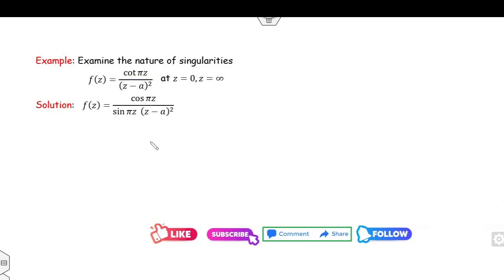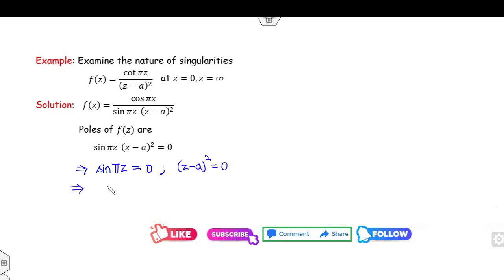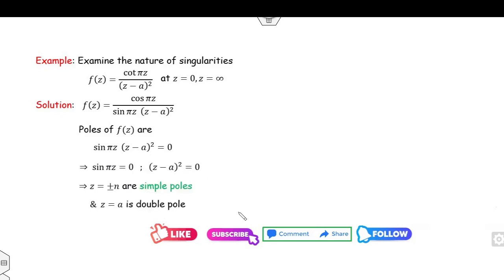And then because the denominator is not 1, I can find the poles of the function. The pole of the function is where the denominator is 0. This implies sine of pi z is 0 or (z minus a) square is equal to 0. That implies pi z is n pi, and that implies z equals n, where n is an integer, and in this case it is a, comma, a.